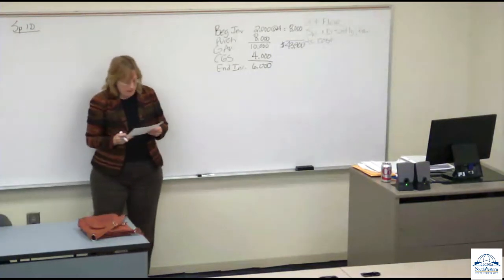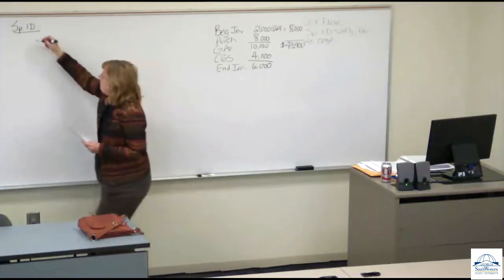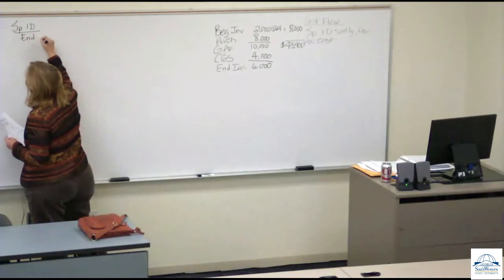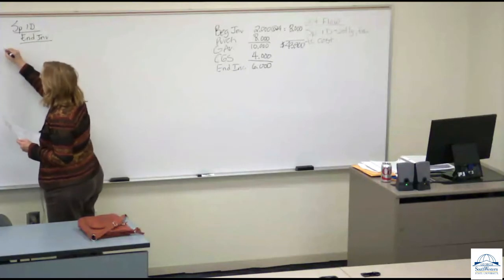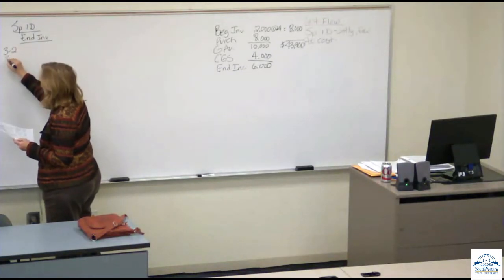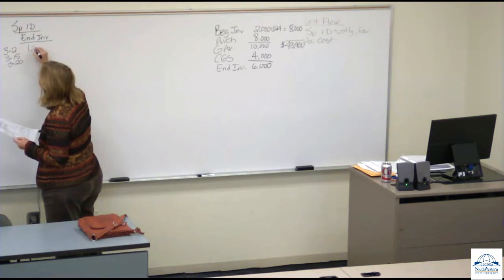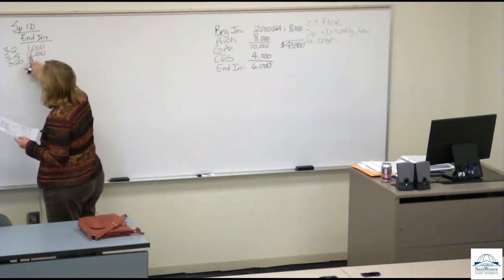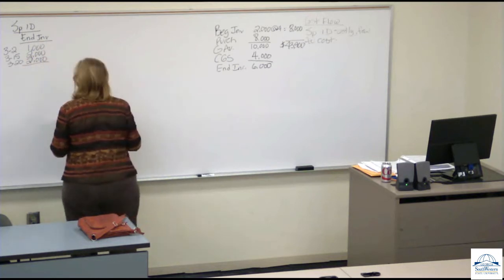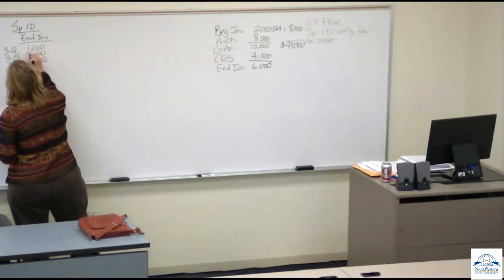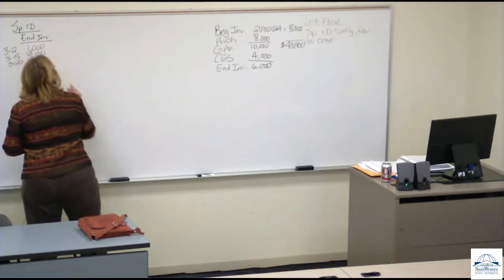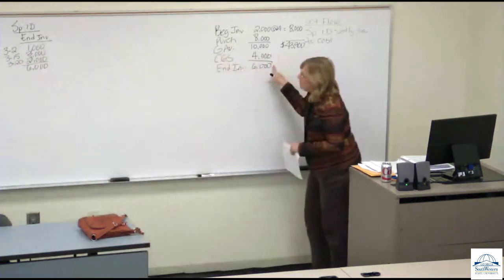Now, let's assume that your ending inventory under the specific identification method is composed of these items. Oh, this one is 3. We had a total of 6,000 in ending inventory, right?